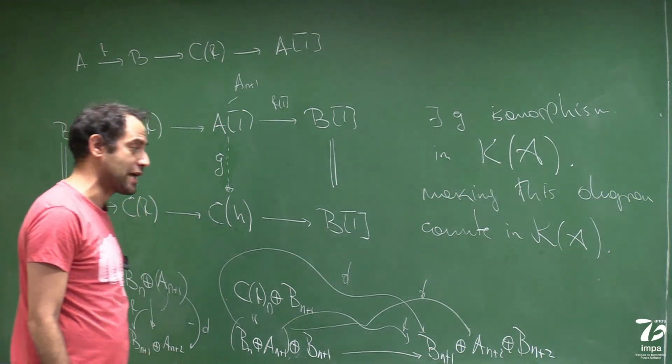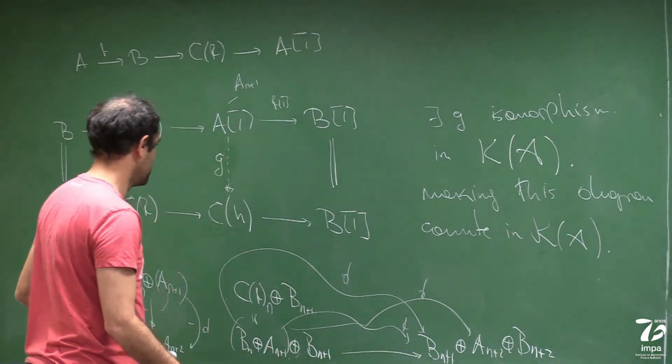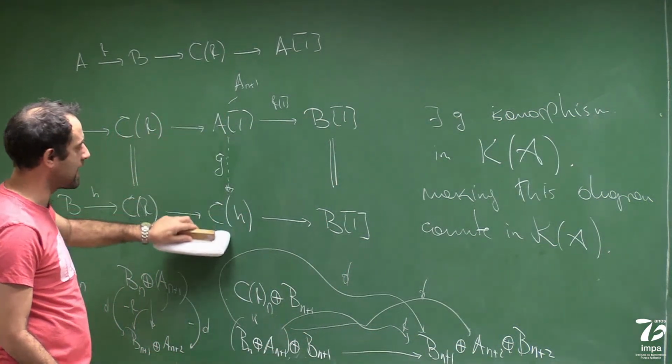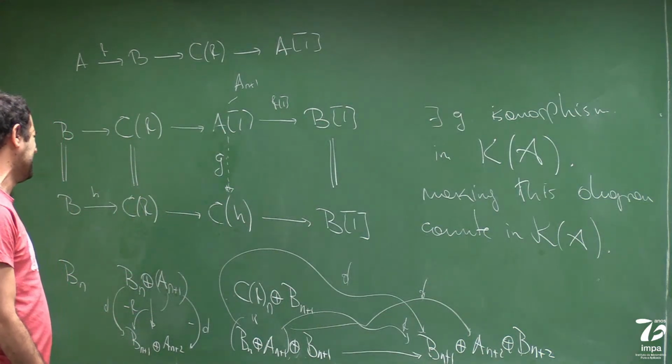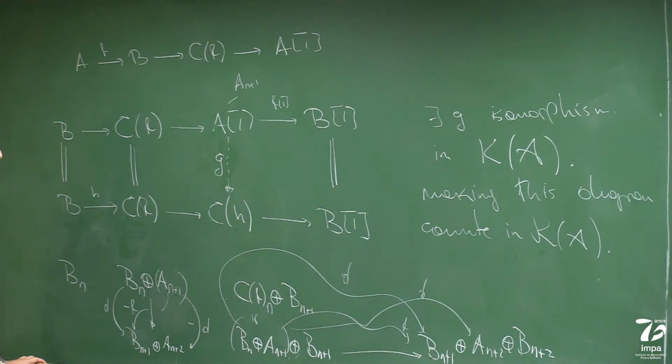Oh, we need to check that this makes this diagram commute. We just constructed this guy being a map of complexes. Now we need to check that all these diagrams commute. This is probably just too nasty. Let's check a couple of them. So here, this is obvious that they commute. There's nothing to check.